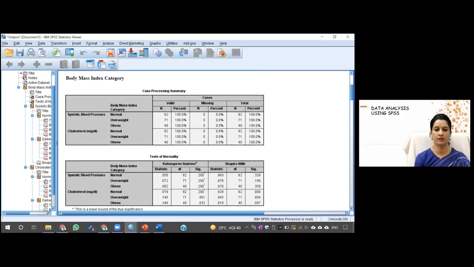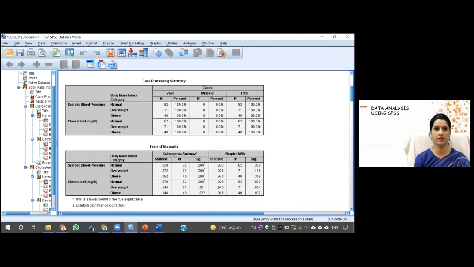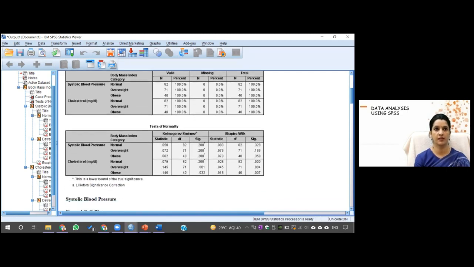it will give you a case processing summary, and then you can see the test of normality. We did the test of normality yesterday. There are subjective ways and objective ways to assess this. The numerical ways are kurtosis, skewness, the Shapiro-Wilk test, and mean and standard deviation.